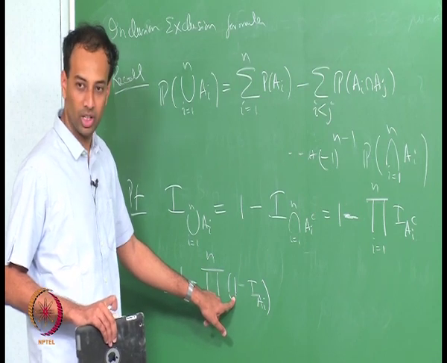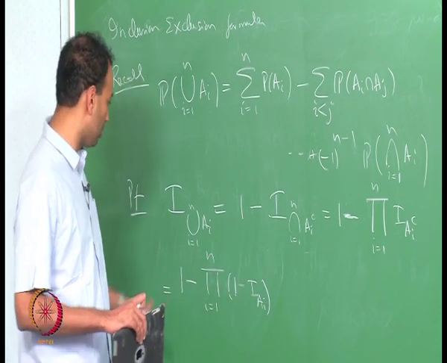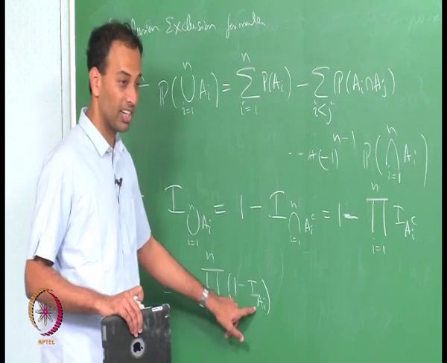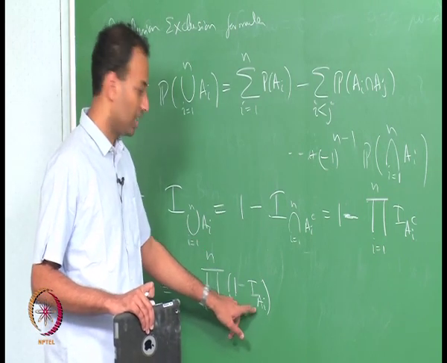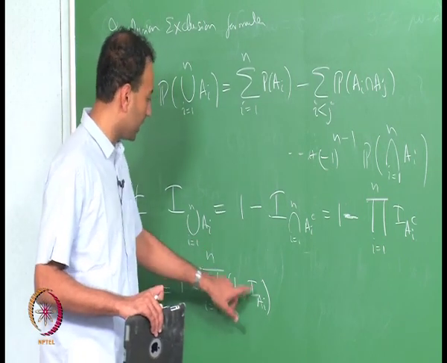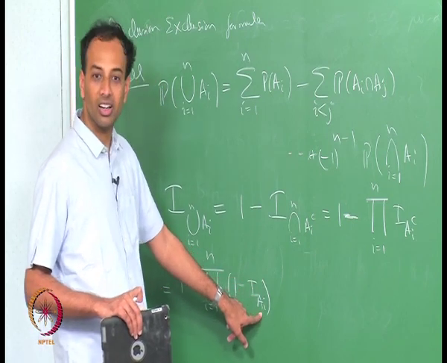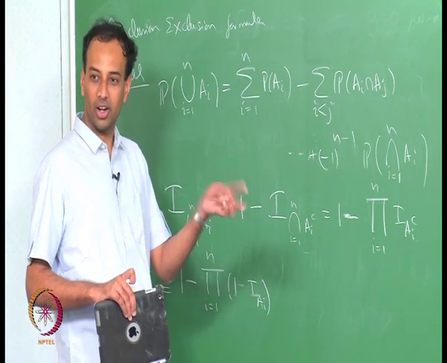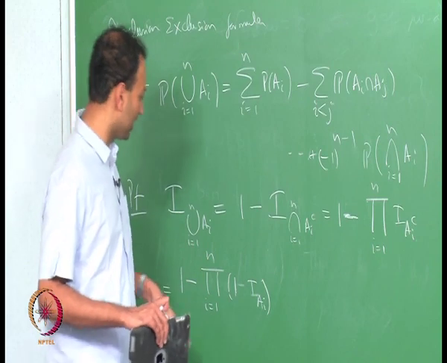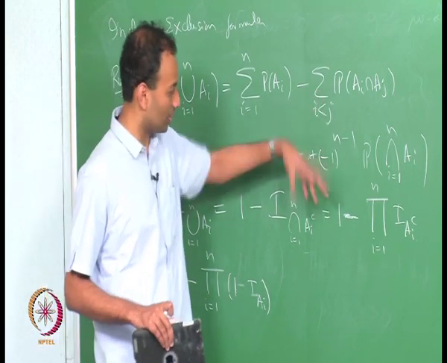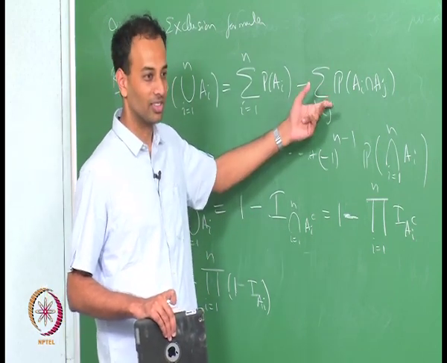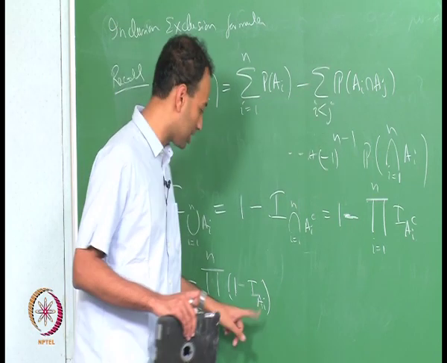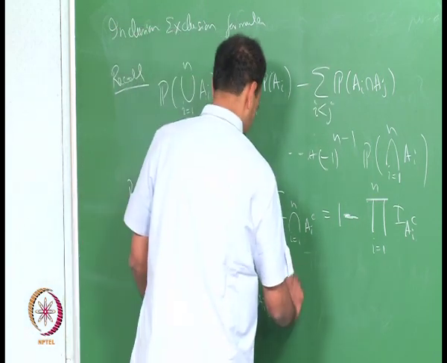If you expand this product out, the 1 will cancel with the first 1 here, and you will get a sum of the indicators, minus indicator of A_i times indicator of A_j, for all i, j. You essentially get terms like this, you take expectations, and you get the formula. So, you expand and take expectations, that is it, you are done.